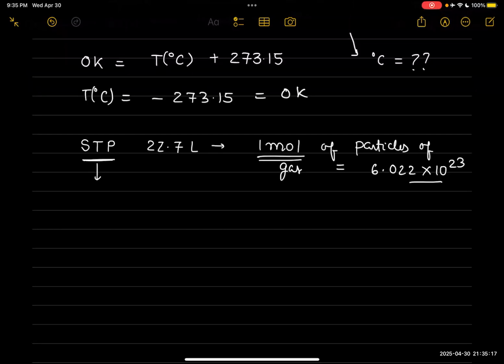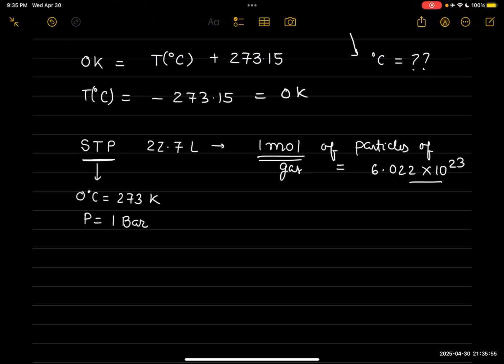So whether you are in USA or UAE or KSA, you have to take STP the same, for all, because it is decided by IUPAC. So in the question, if they have mentioned STP condition, it will always be 0 degrees Celsius, 273 Kelvin. Got it? Both are the same. And the pressure will be 1 bar.